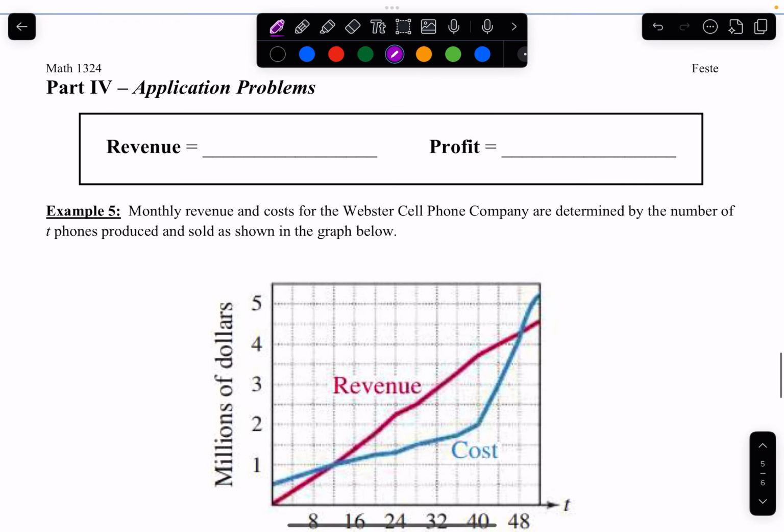Now we're going to go into the application problems. First, we're going to define revenue and profit. Revenue is usually abbreviated as R of X, or the revenue function is R of X. So revenue is price times quantity.